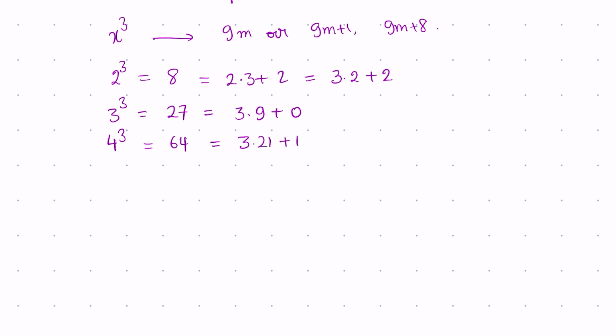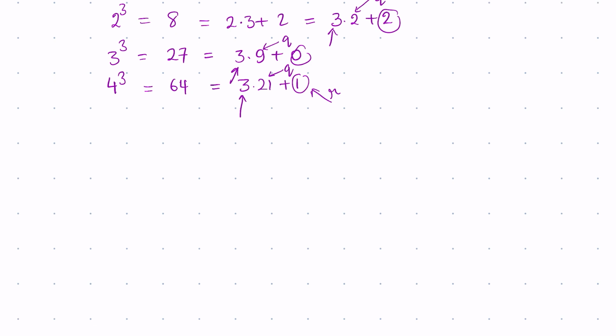So if you notice, there is some number 3 times some q, and we have some remainders, these are the r's. So let the number x be of the form 3 times some quotient plus remainder.